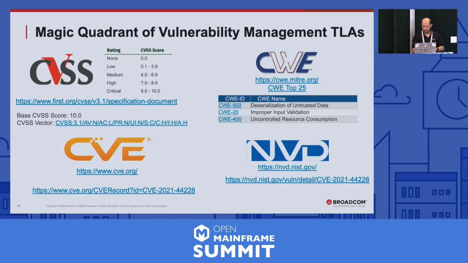The last one in our Magic Quadrant is NVD. This is, again, the US government-funded National Vulnerability Database. It kind of brings all the information together. This is a one-stop shop where you could go look up different information on the vulnerabilities. It gives you the CVE number, it gives you the description and details, it refers to other sites that have information about it.